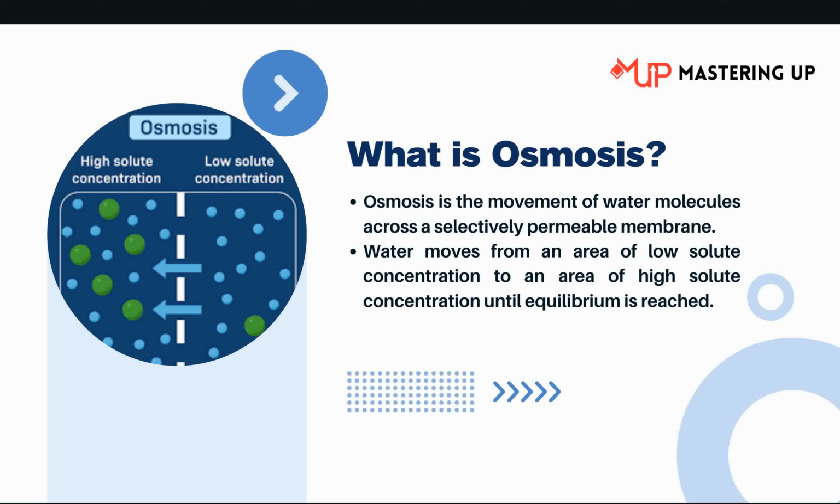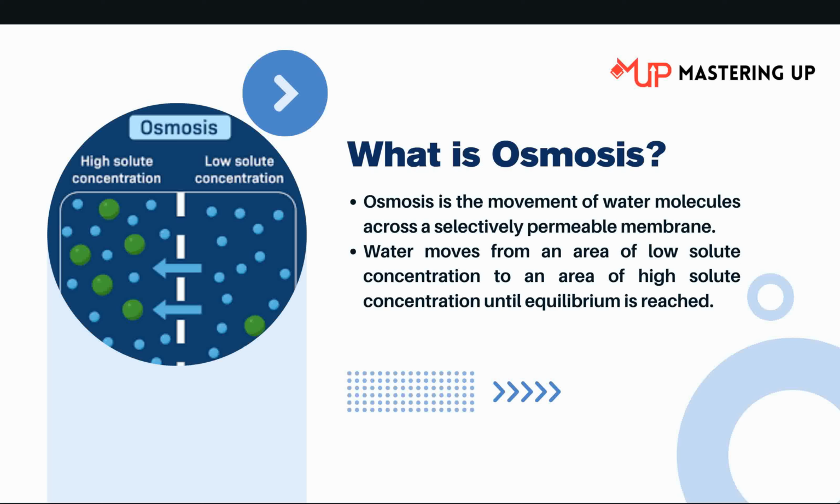Let's begin with what is osmosis. Osmosis is a specialized type of diffusion focusing on the movement of water rather than solutes. It occurs when there is a difference in solute concentration on either side of a selectively permeable membrane, such as the plasma membrane of a cell.